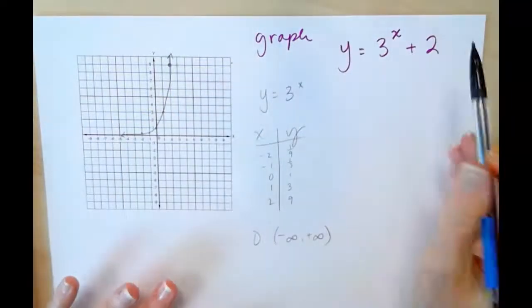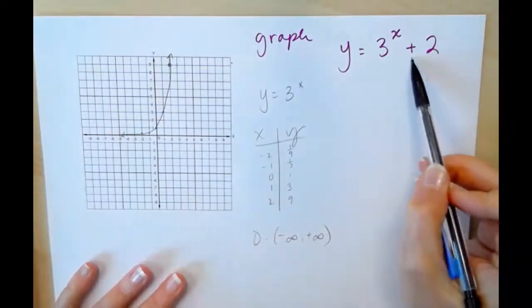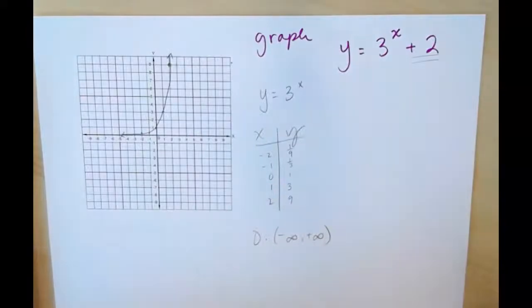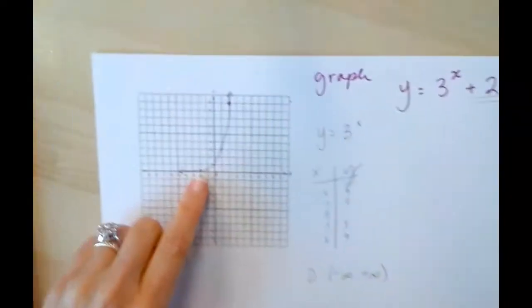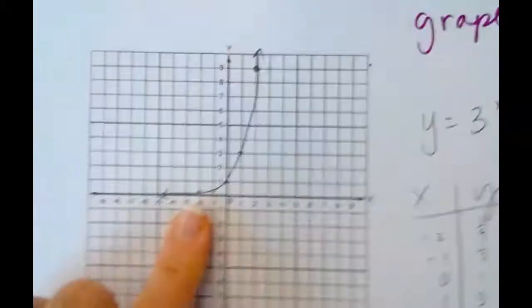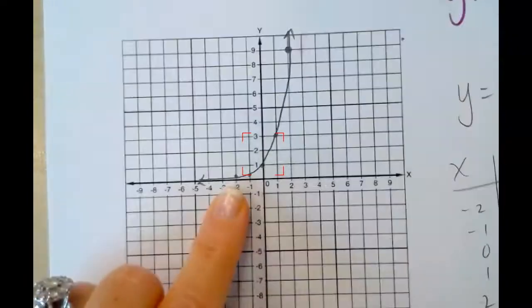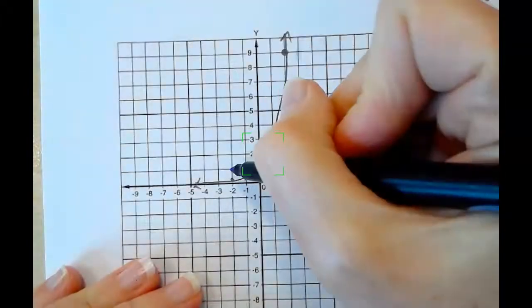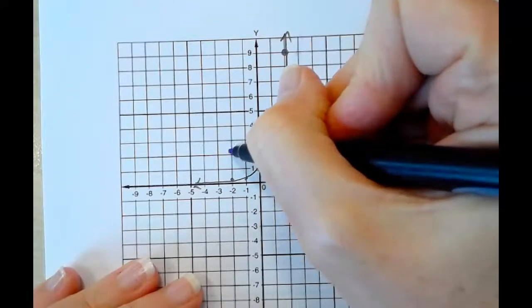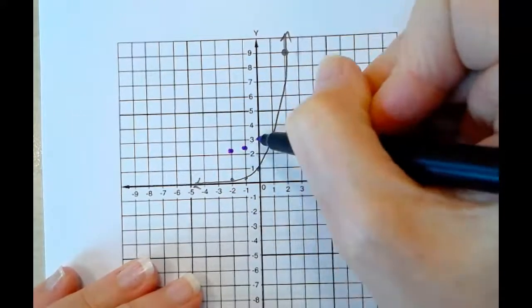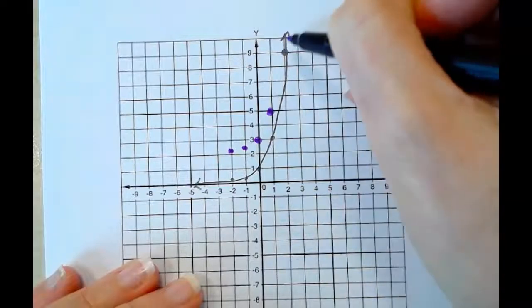Now, what, guys, is that plus 2 going to do to the whole graph? Where's it going to move it? Up 2. The entire graph is going to move up 2. I'll do that in purple. So basically, every single one of these points is just going to move up 2. That's it.